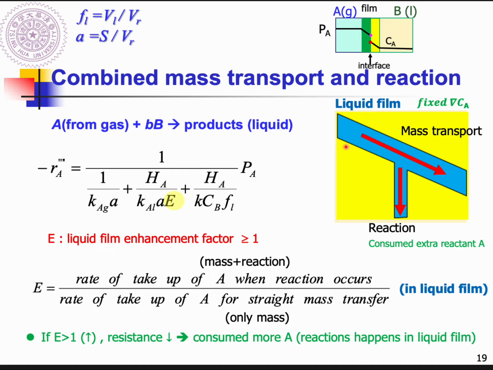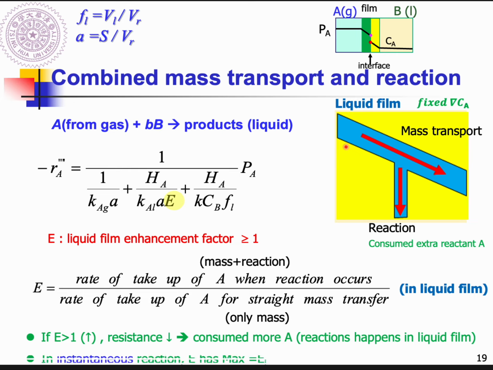Okay? Some people will probably ask, yes, the value of E has a bottom line equal to 1, but how about an upper limit? Do we have a highest E in the liquid film?